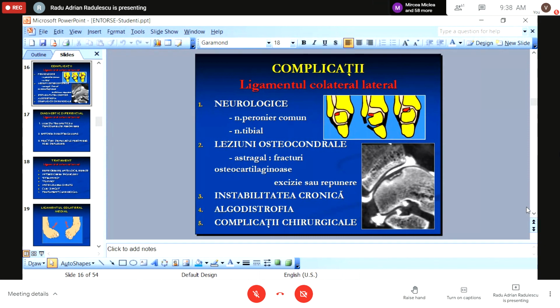The common fibular nerve, like you know, is a terminal branch of the sciatic nerve and has a very close contact with the neck of the fibula, so with the proximal part of the fibula. When we have a high degree varus position ankle sprain, then it will occur also an elongation of the common fibular nerve that may lead to a temporary palsy.